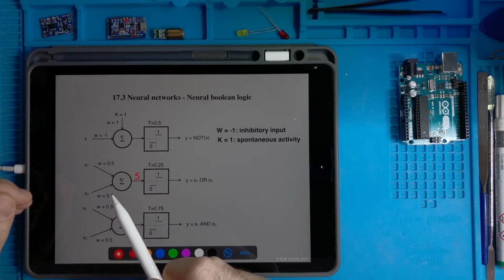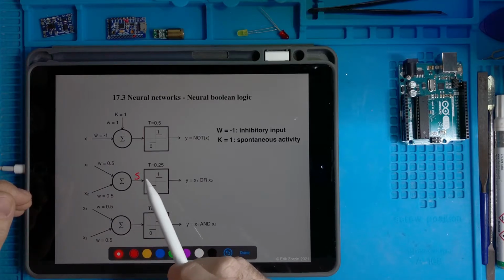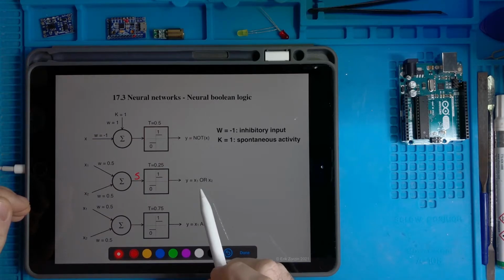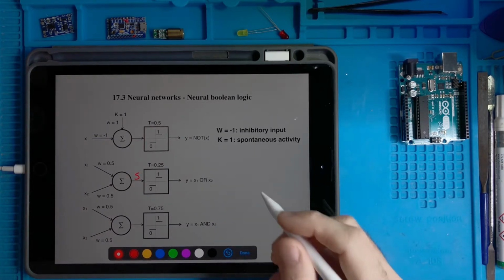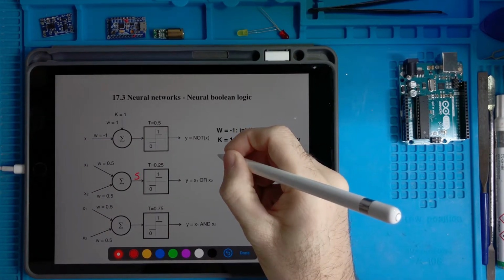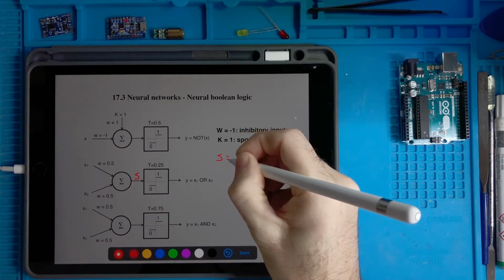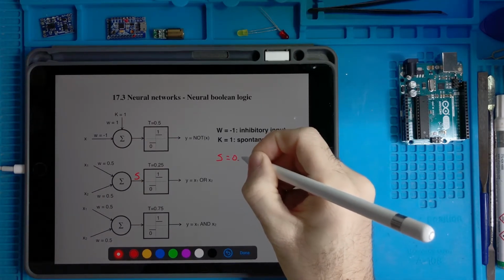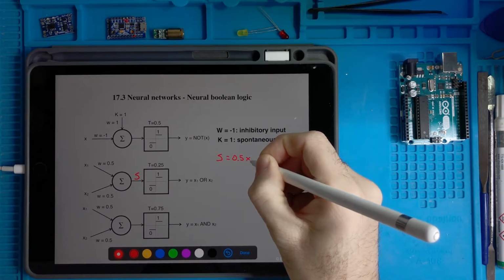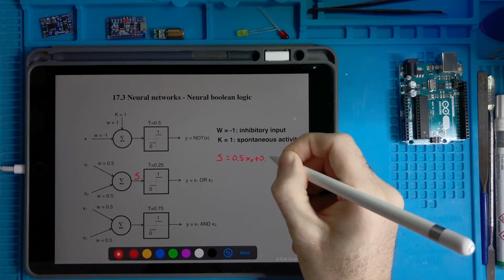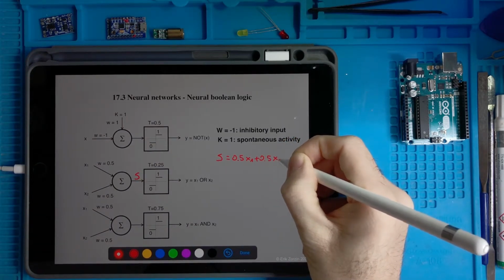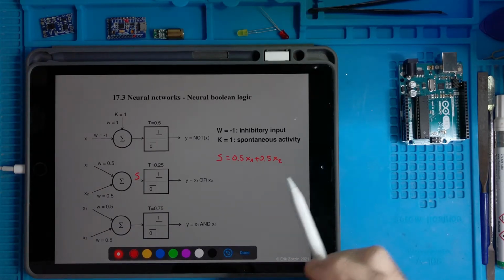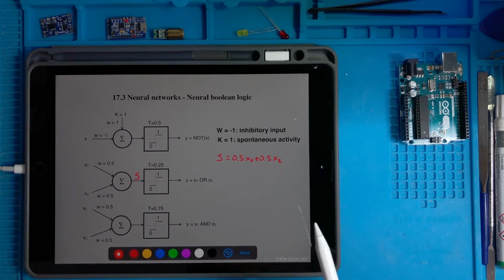And now let's try to demonstrate that this thing, with a threshold of 0.25 this time, is an OR gate. So we have our variable s, and this would be 0.5 x1 plus 0.5 x2. So x1 and x2 are the inputs of this black box and y is the output.